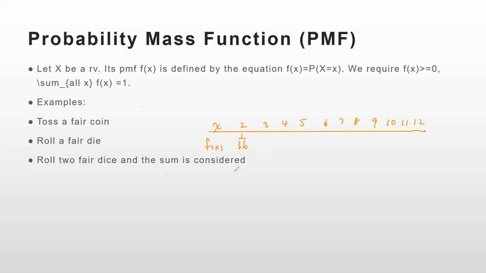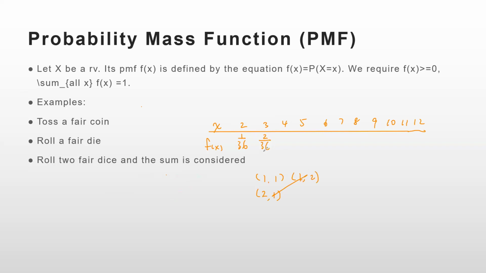And to get the summation of 3, you have two possibilities, 1, 2, and 2, 1. Sometimes you can list all the outcomes, the 36 outcomes, and you just look at the summation, and it's pretty easy to count. If the summation is 3, these are the two possibilities. So it's 2 out of 36.